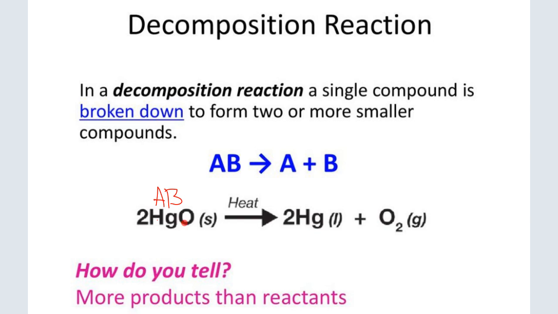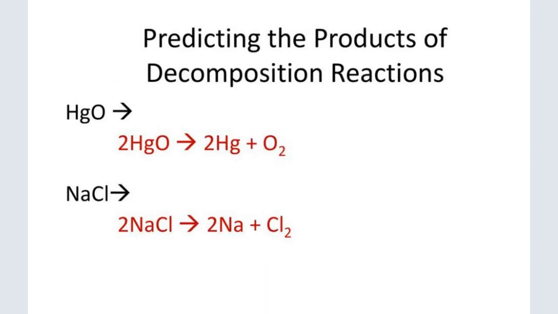H could be the A, and O could be the B, and you break it down into an A plus a B. Predicting the products of the decomposition reaction: here we have this one thing, our AB, and then we break it down into an A plus B. NaCl is one AB compound, A and B. Then we break it down into A plus B.